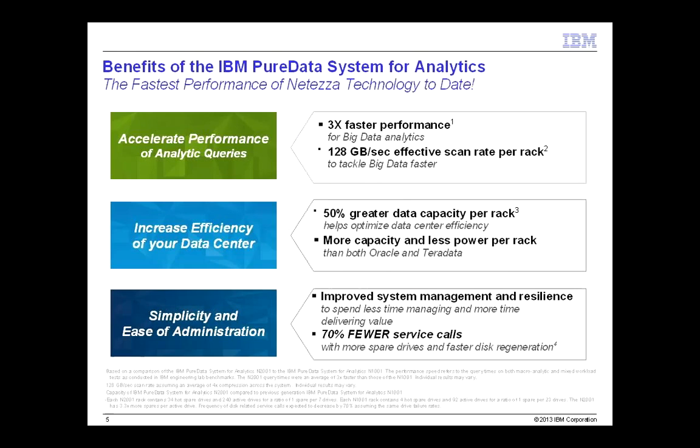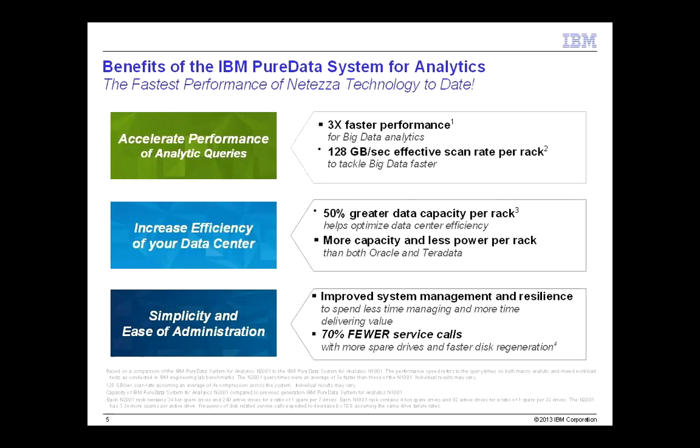Particularly about PureData System for Analytics. Earlier this year, we launched the N2001 family, code name Striper. Before that, it was the N1001 family. Historically, Netezza is known for its simplicity.